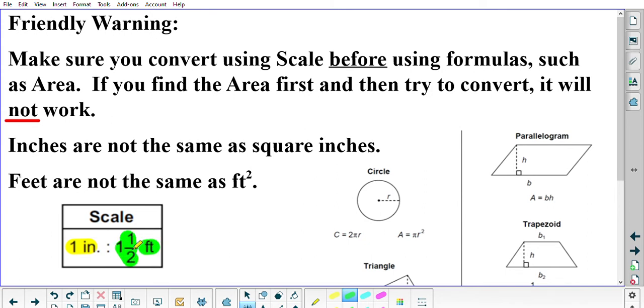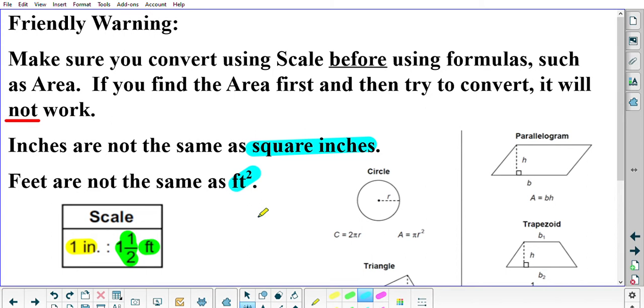Well, why would this mess up with area? Area is never just inches or just feet. Area is always square units, such as square inches or square feet. And I got news for you. Inches is not the same as square inches. Feet are not the same as square feet.